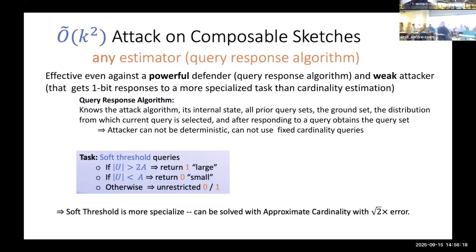So we are not going to get the exact size estimate, but rather we ask whether the size is some A, and the estimator will answer if the estimated size is larger than 2A or smaller than A, and in between it can answer anything. This is more specialized, but it can be approximated from the cardinality estimate with some error.